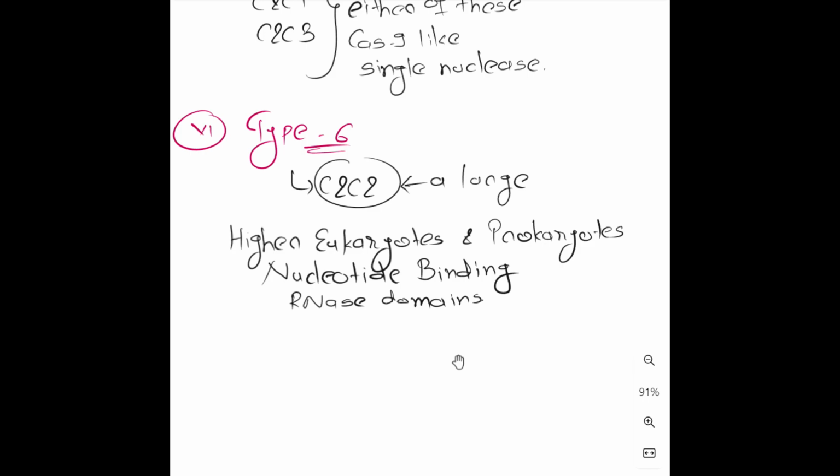The last type, type 6 system, has the C2c2 protein, which is a large protein with two predicted higher eukaryotes and prokaryotes nucleotide binding, or HEPN binding, RNase domains.